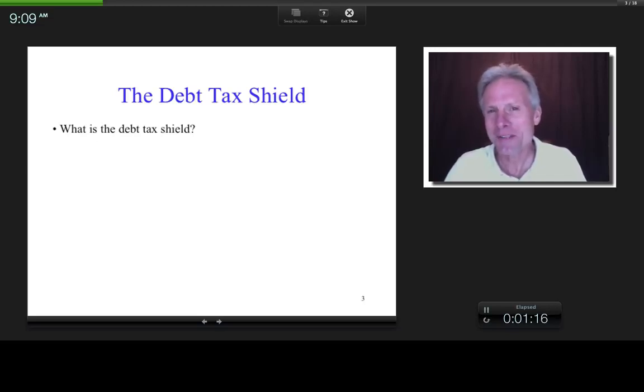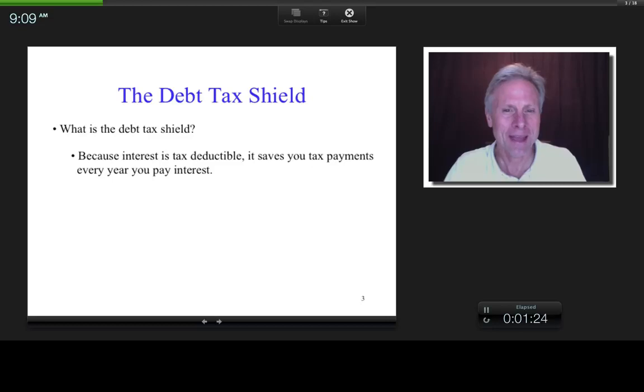Now what is it about debt that shields at least a corporation from taxes? Well, interest is tax deductible, right? And because interest is tax deductible, say you pay $100 in interest. Does that mean you'll have $100 more of taxable income or $100 less of taxable income? $100 less of taxable income, right?